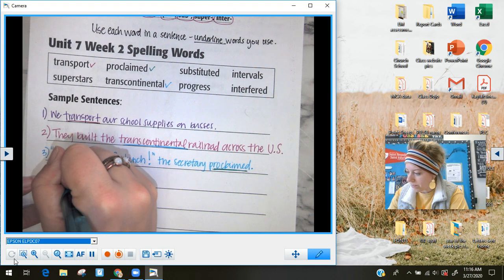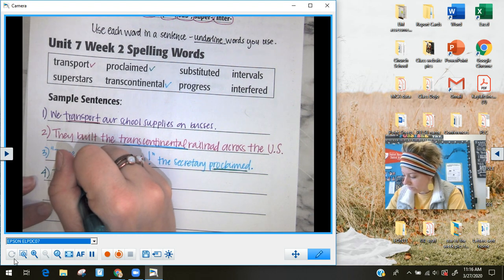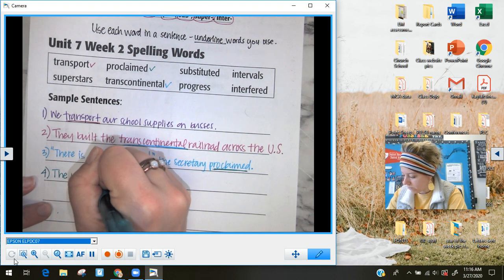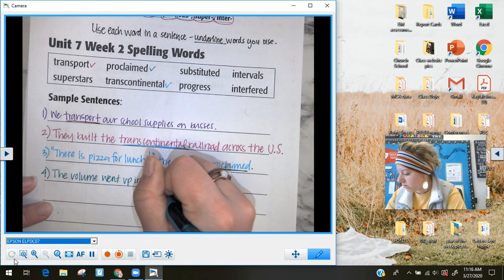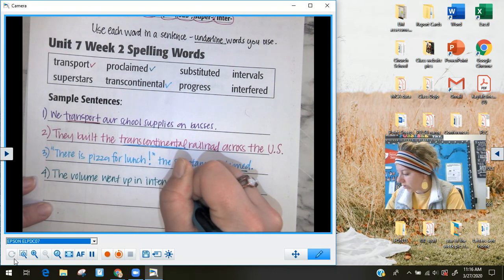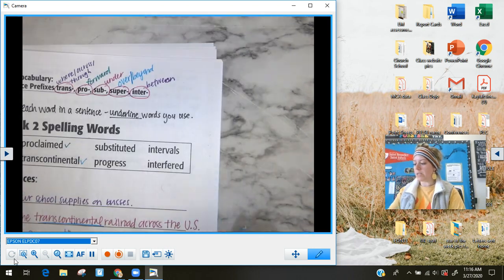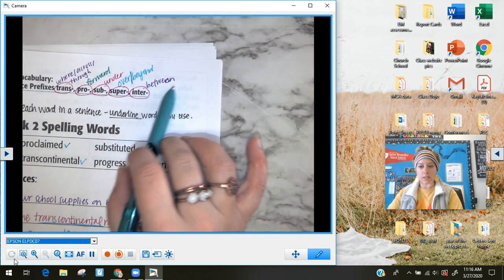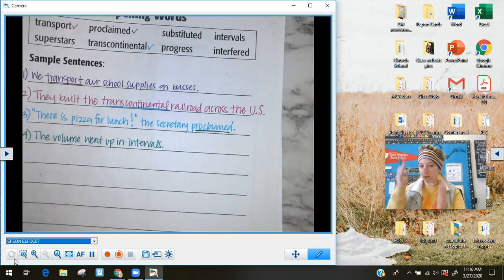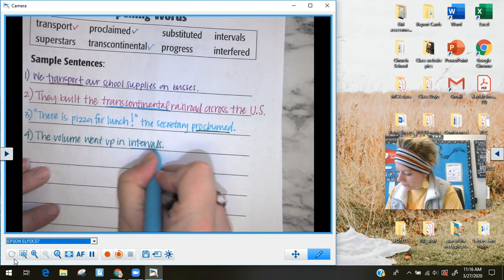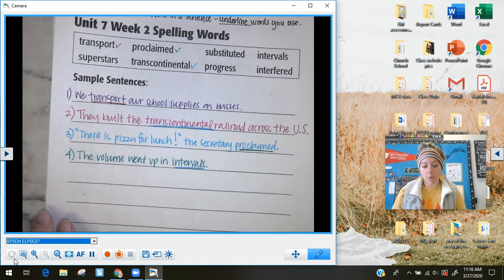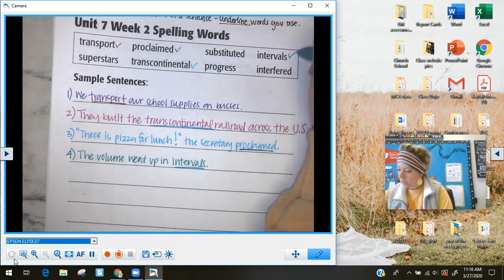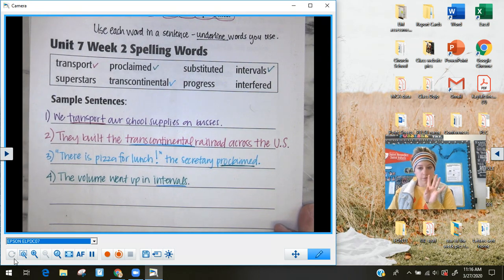The volume went up in intervals. That means, inter means between, that means it's moving in between different volumes, different intervals. It's going bigger, louder or softer, okay? Intervals.